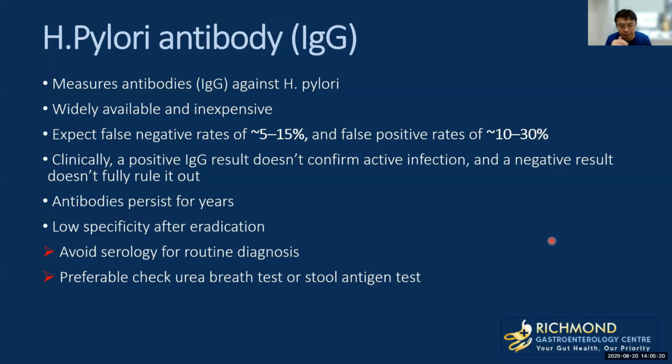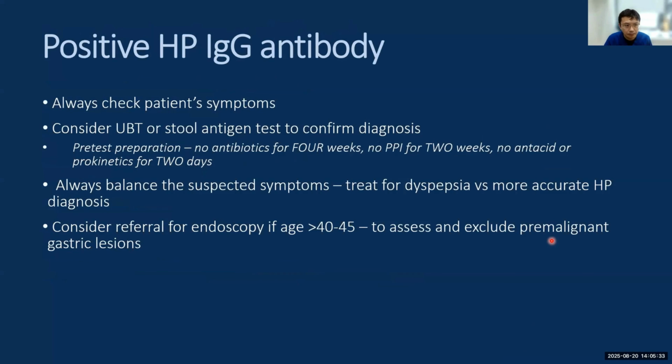So if needed, I would recommend to do health screening for accuracy of the result to do a urea breath test or stool antigen test. I think the stool antigen test is sent out to SGH. When someone has a positive H. pylori antibody, you always need to check the patient's symptoms. Family history of H. pylori, family history of stomach cancers.